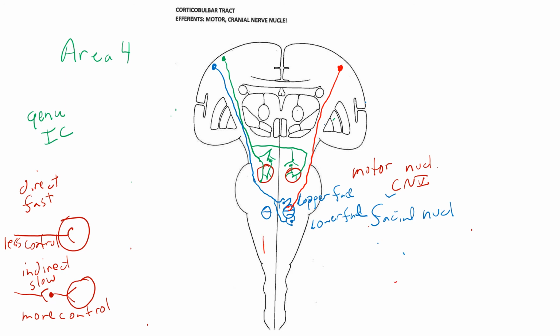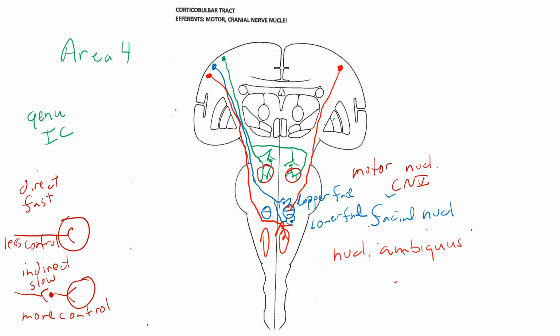As I come down, my next is going to be nucleus ambiguus. Nucleus ambiguus is going to receive innervation from area 4, through the genu, cross the midline, and then we're going to have an indirect innervation to the opposite side.